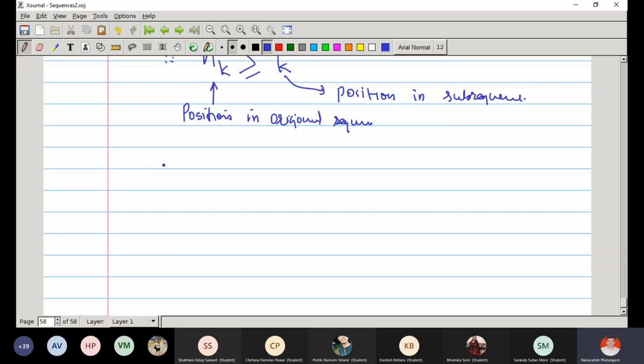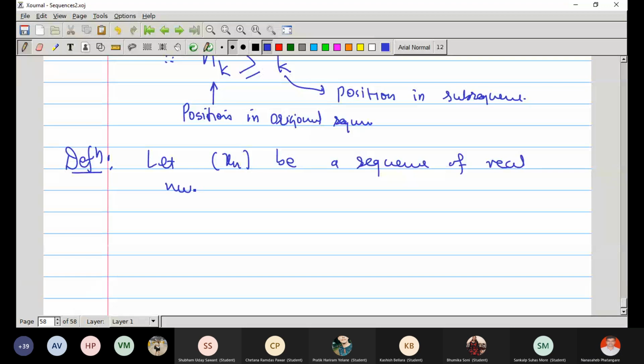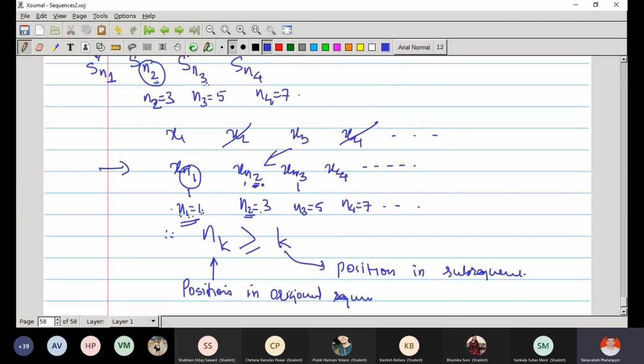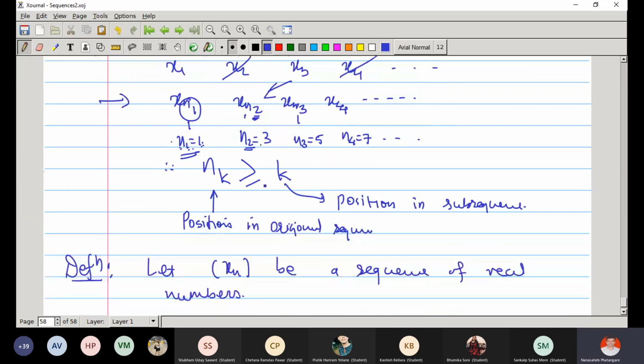And then we can make a formal definition of a subsequence once you have understood this. So let x_n be a sequence of real numbers. Right? Now, one important thing is that if you delete some terms, we cannot mix the terms.